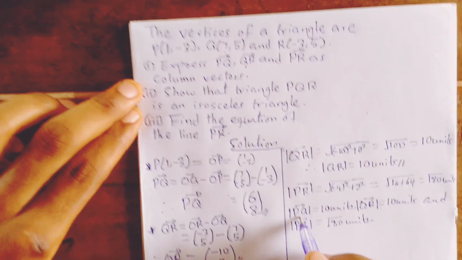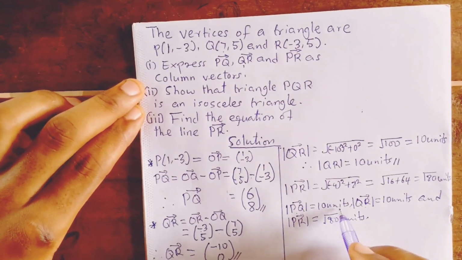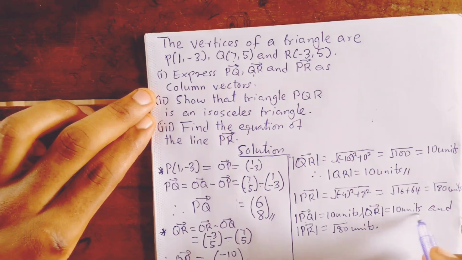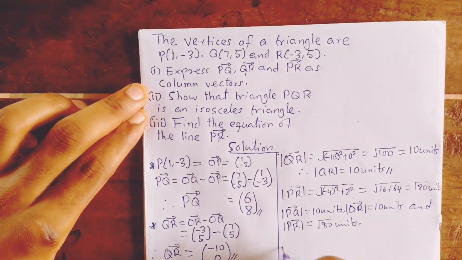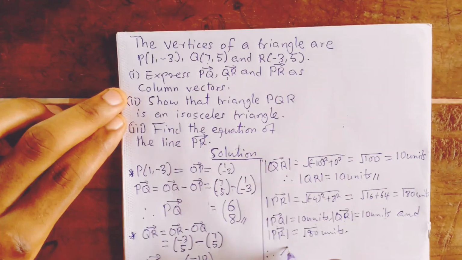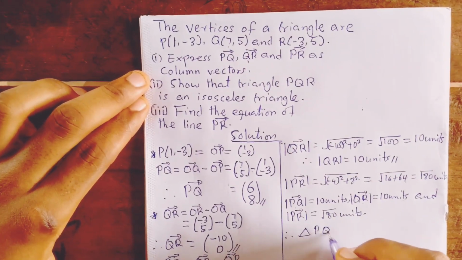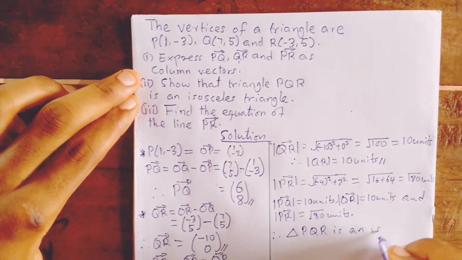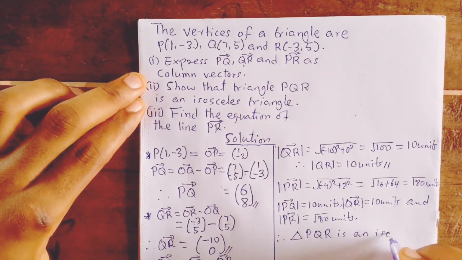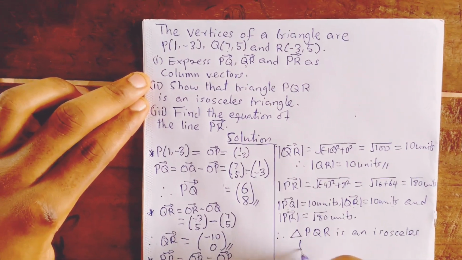Since I am having PQ and QR having the same magnitude, that is 10 units, the length is 10, so conclusion, therefore, triangle PQR is an isosceles triangle.